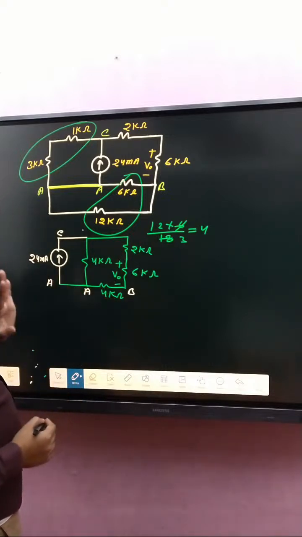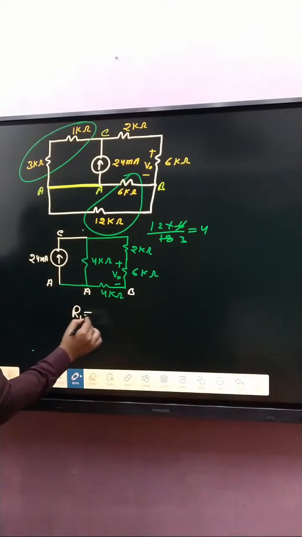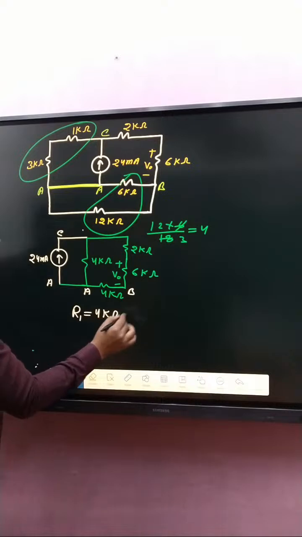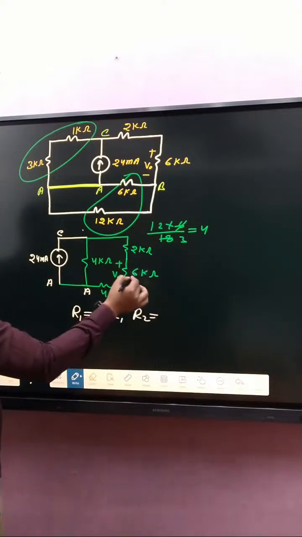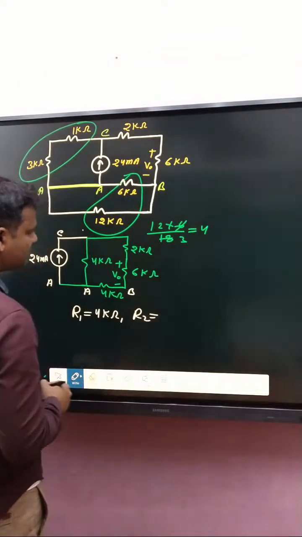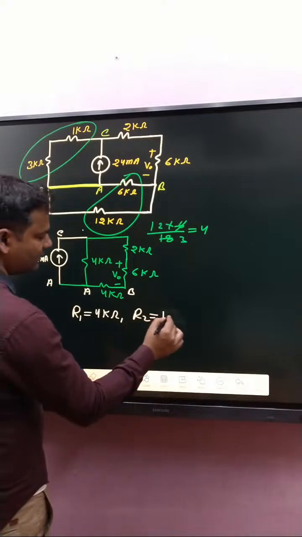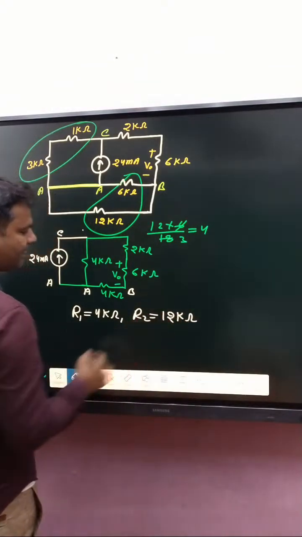Now, if you look here very carefully, here R1 is 4. And what about R2? R2 is 2 plus 6 plus 4. That is how much? 12. Wait. 4 plus 2 plus, okay, that is 12. 12 kilo.